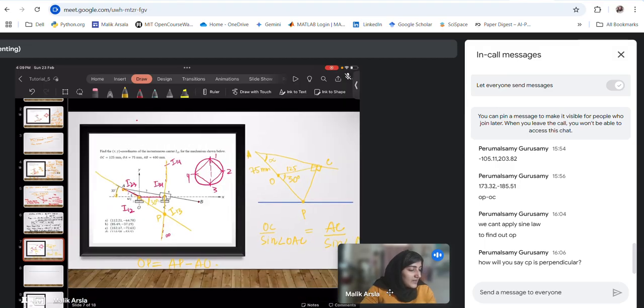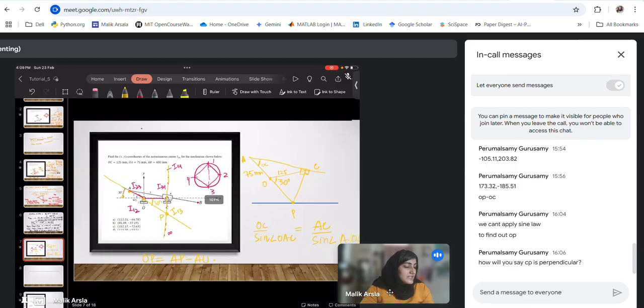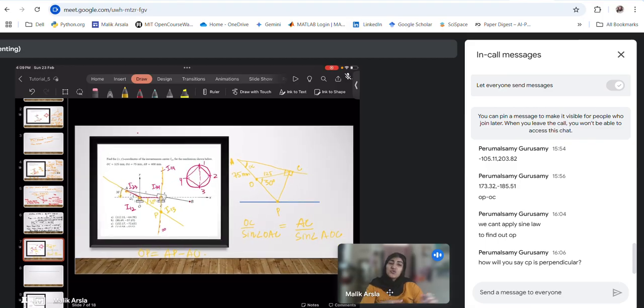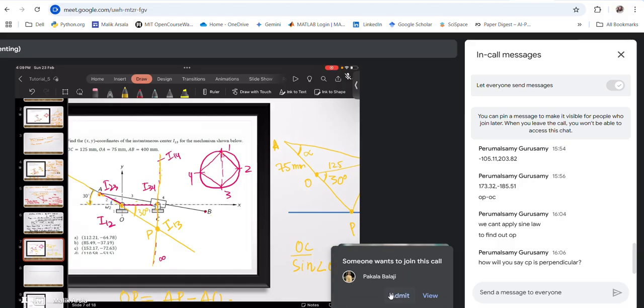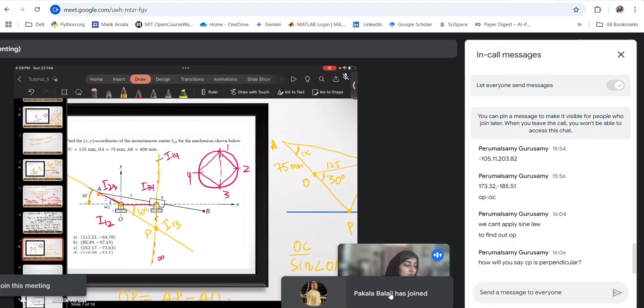How do you say CP is perpendicular? See, in this slider mechanism, we have already found that in this condition this slider is moving like this, and the IC will be perpendicular, because when we found this I14, this perpendicular line was perpendicular to the motion of the slider.